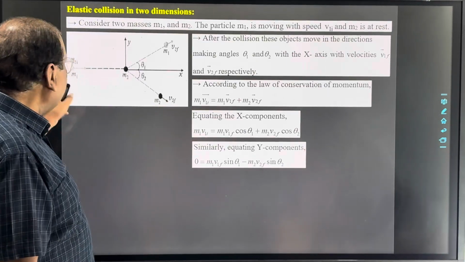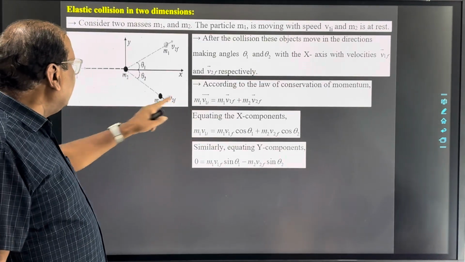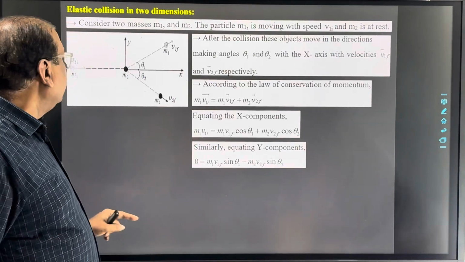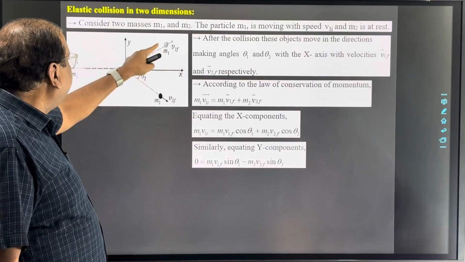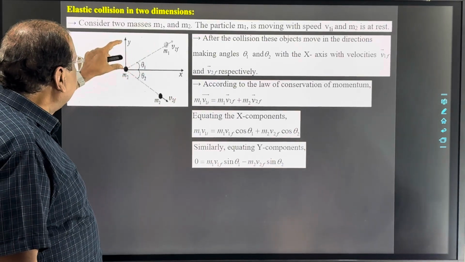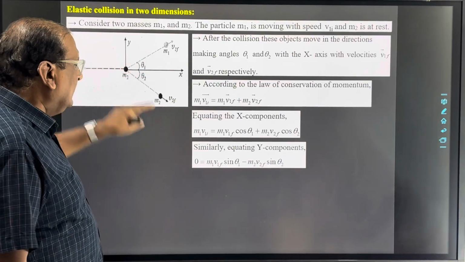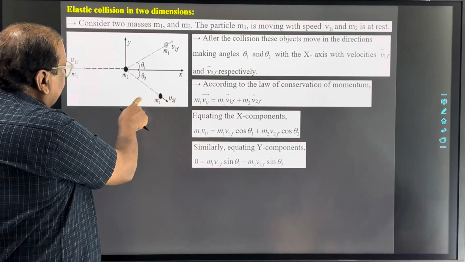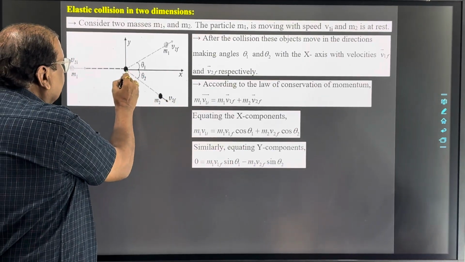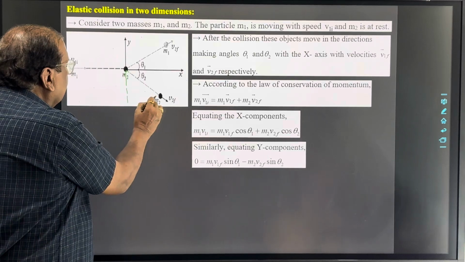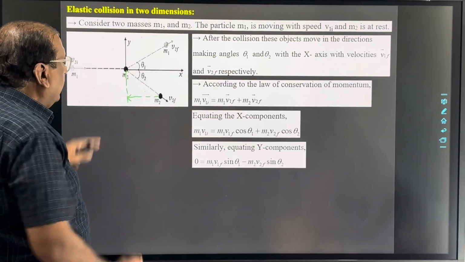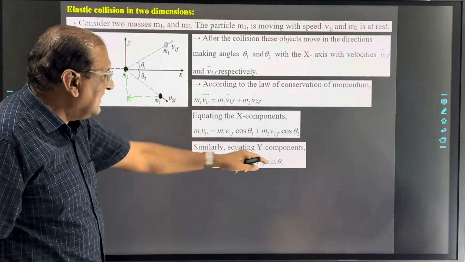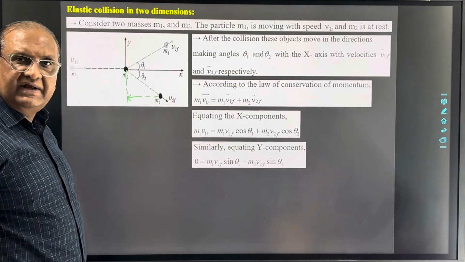The y component for m1 v1I is 0, since it is on the x-axis. For m1 v1f, the y component is m1 v1f sin theta 1. For m2 v2f, the y component is on the negative y-axis, so we can write minus m2 v2f sin theta 2, right?